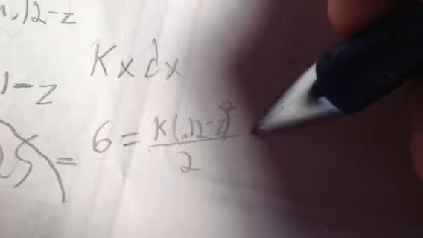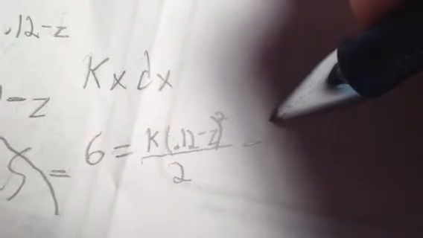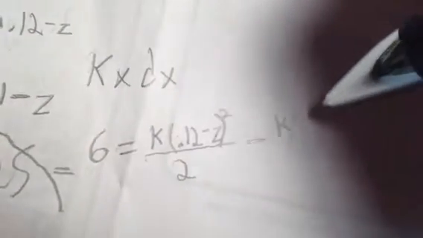I'm looking through my iPhone to write all this. Keep in mind it's very difficult. There's a bit of bad glare from the lamp. Minus K, and then your other bounds 0.1 minus Z.